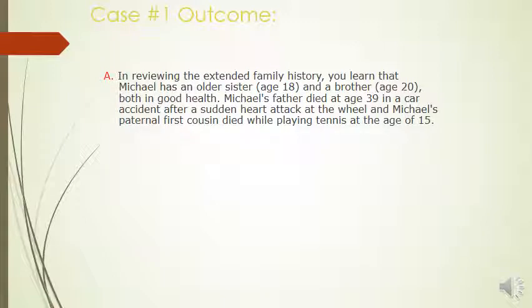In reviewing the extended family history, you learn that Michael has an older sister, age 18, and a brother, age 20, both in good health. But you also learn that Michael's father died at age 39 in a car accident after a sudden heart attack at the wheel, and Michael's paternal first cousin died while playing tennis at the age of 15.